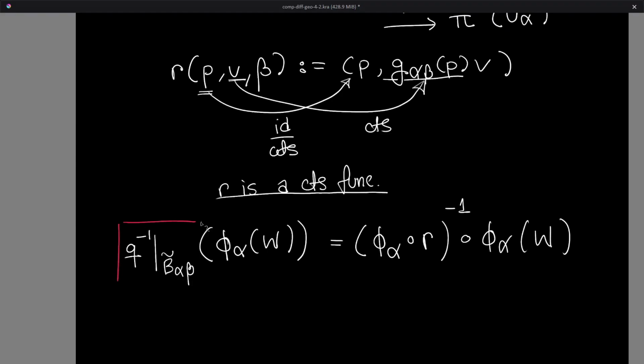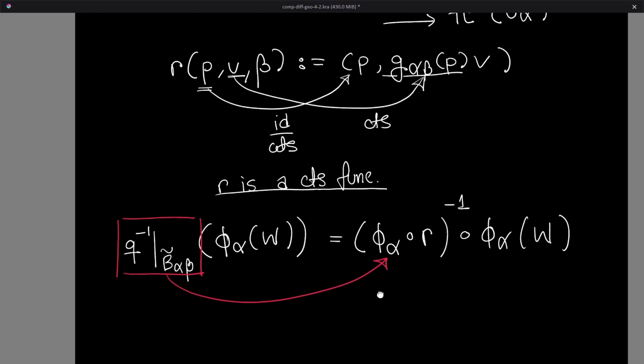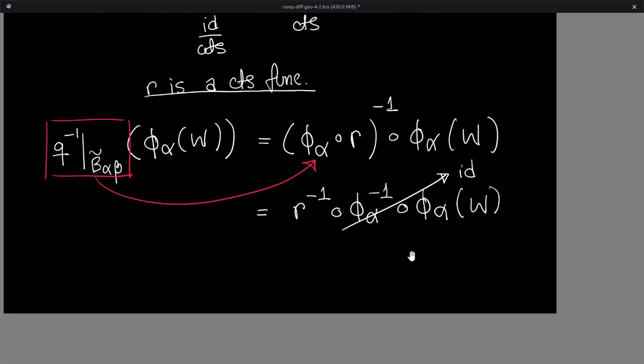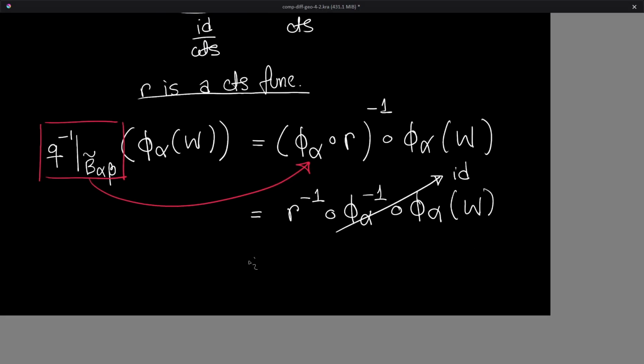So that is this map. Then inverting it, the way you invert a map is like this, phi alpha inverse. Oh, that's really neat. The phi alpha inverse and the phi alpha become the identity map, and the identity map on W returns W, so that's R inverse of W.